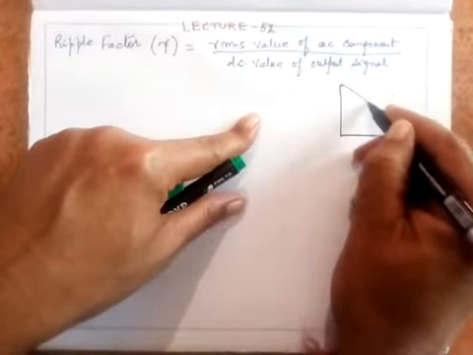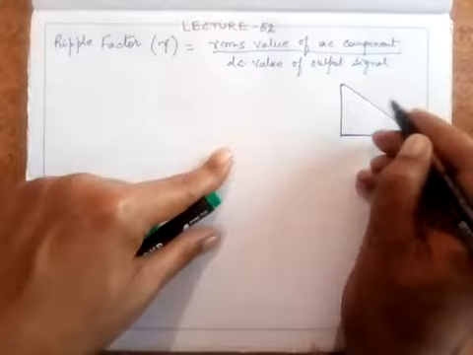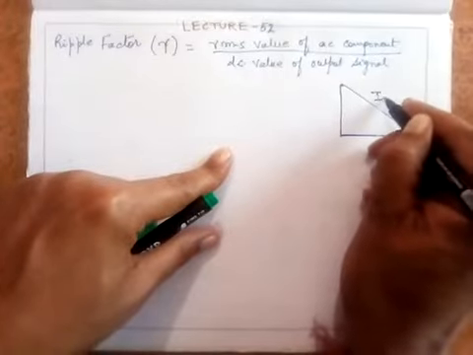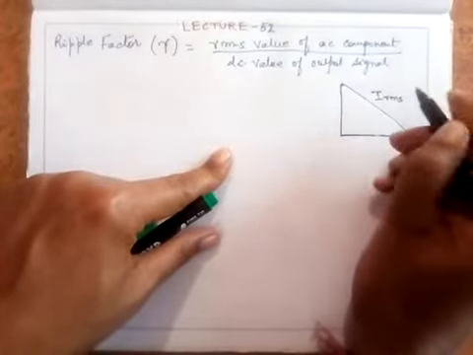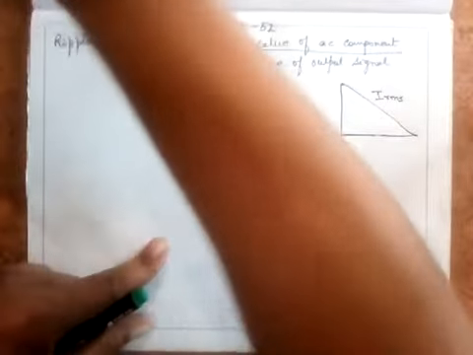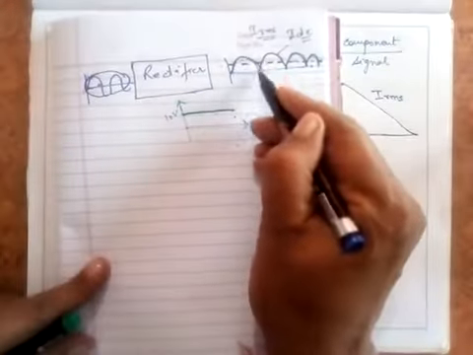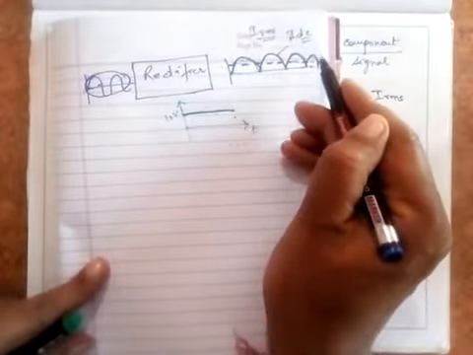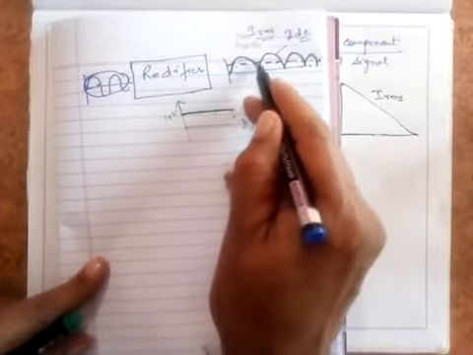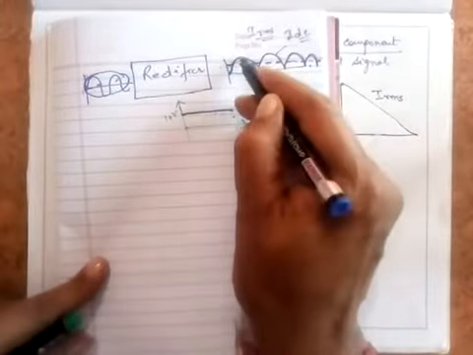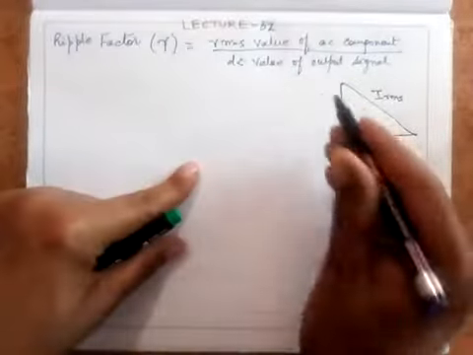Let's take it in terms of currents only. This is I_RMS, the RMS value of this pulsating DC signal. It can be considered as the sum of the DC component and the AC component which is present here because of the ripples.